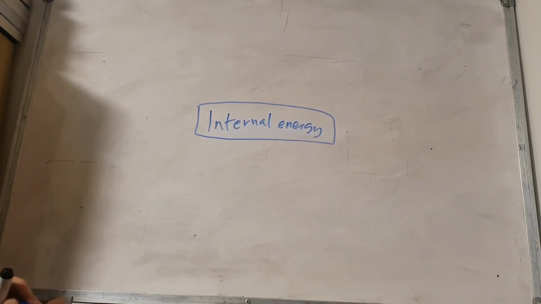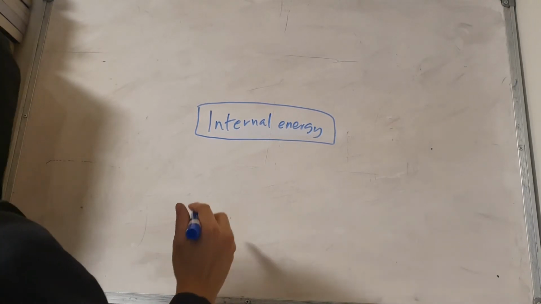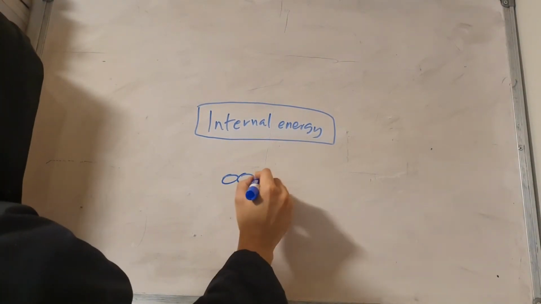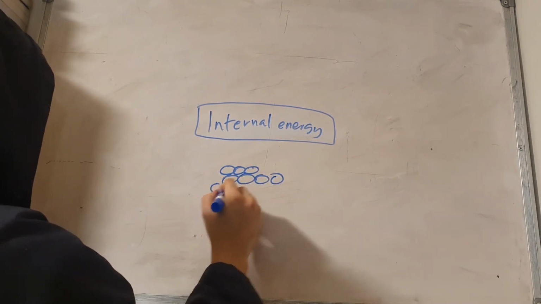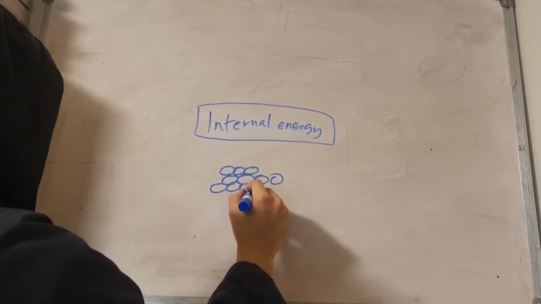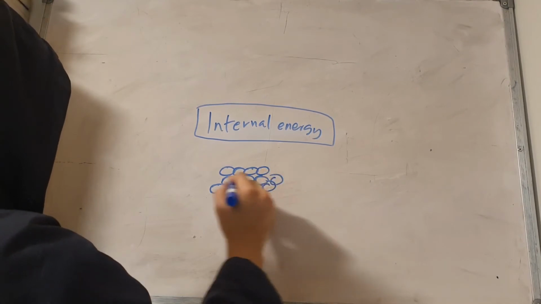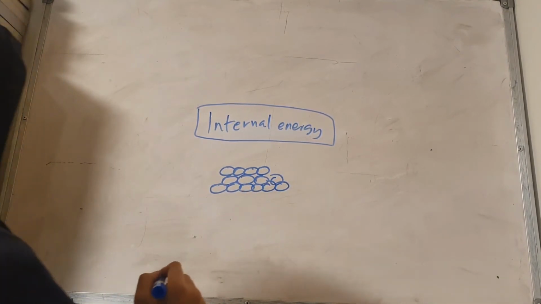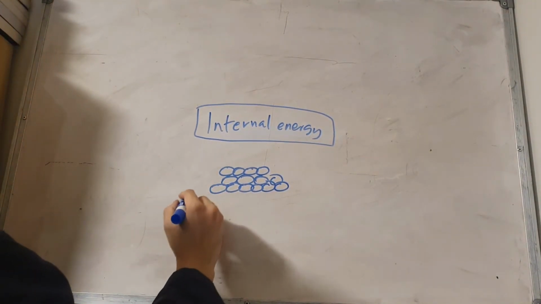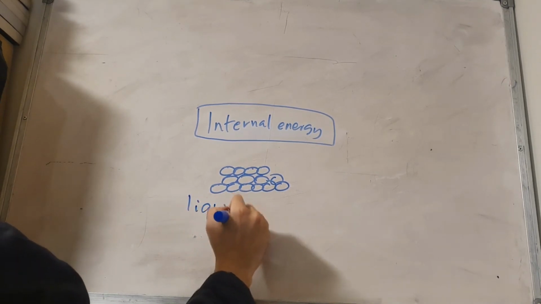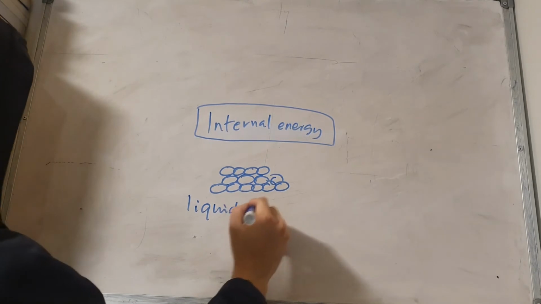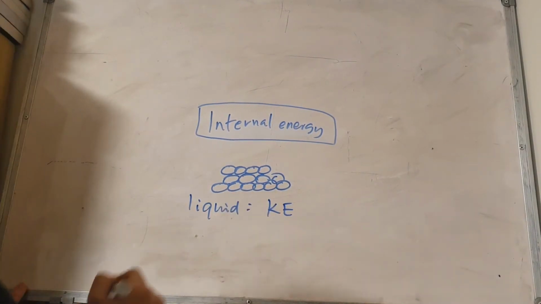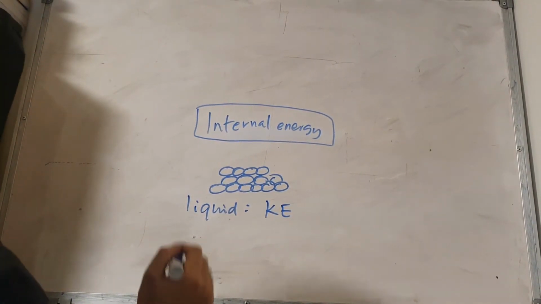Right, supposing you have a liquid. Now, although this is not regular, let's just say that this is a liquid. These atoms or molecules will have kinetic energy, and they would also have potential energy.